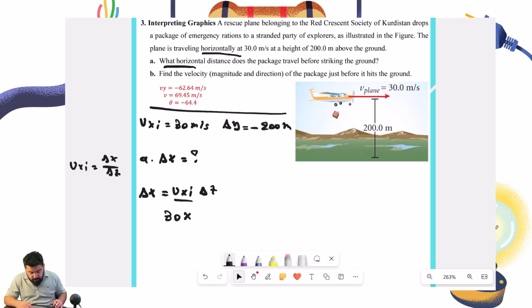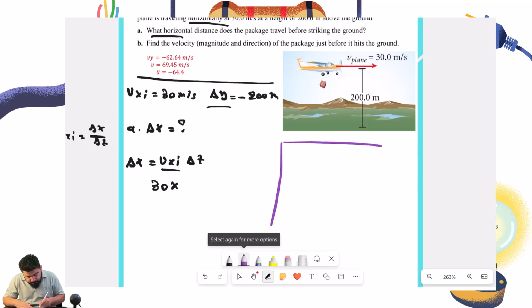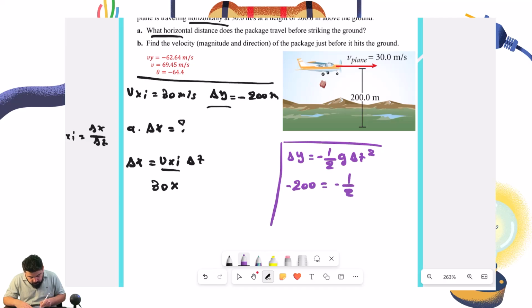I have delta y. Remember, we said that delta y is equal to negative 1 over 2 g delta t squared. This negative comes from the g. If you apply it later, it's fine too. So negative 200 meters is equal to negative 1 over 2 multiplied by 9.81 delta t squared.